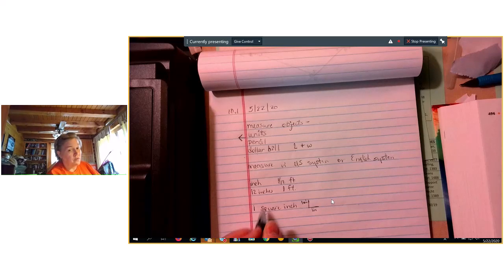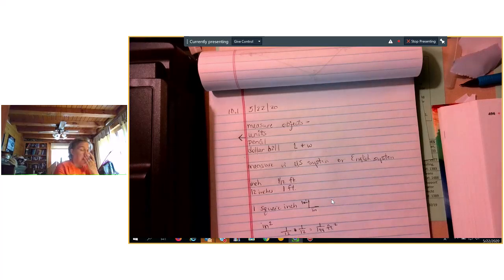And I know that 1/12 of a foot is an inch. So what about 1 square inch? Then it's going to be 1/12 times 1/12, and that's going to be 1/144 feet squared.